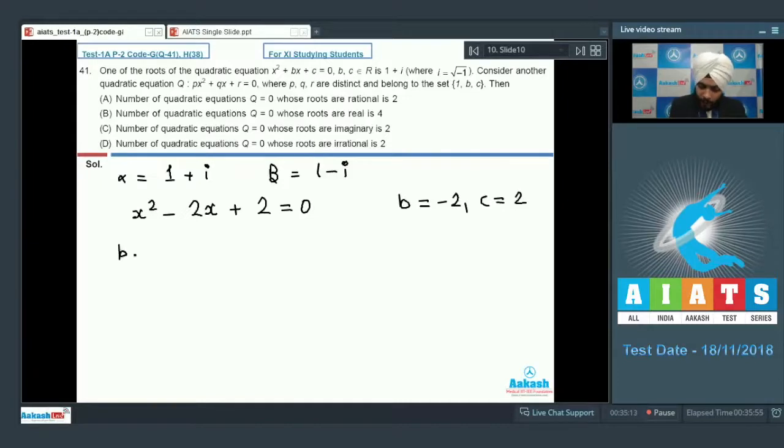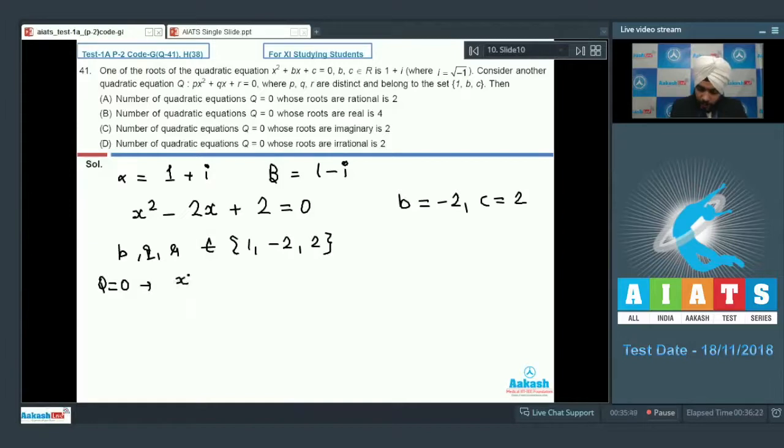So now p, q, r belong to the set {1, minus 2, 2}, whereas they cannot be equal to each other. So we have total 6 possibilities: 3 possibilities for p, corresponding 2 possibilities for q, corresponding last possibility for r. Q equal to 0 can be any of these 6 equations.